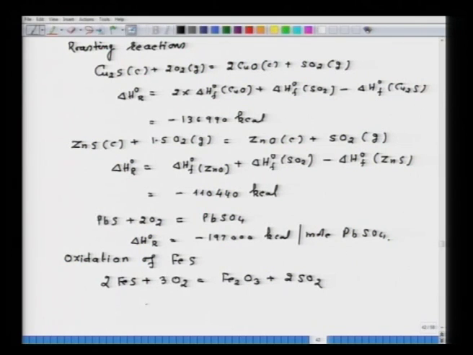We can write here delta H naught R is equal to minus 292,000 kilocalorie, this is per mole of Fe2O3. So you note these are the orders of magnitude of the heating value that will be generated during roasting.